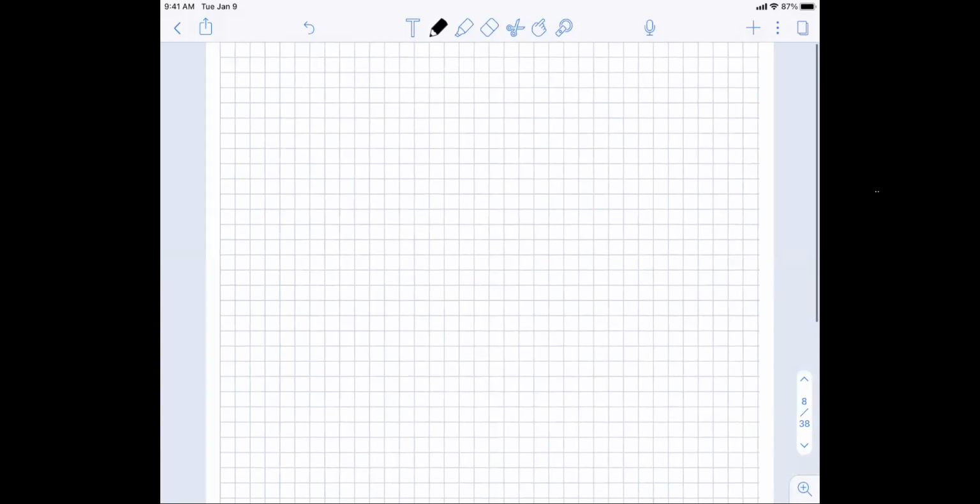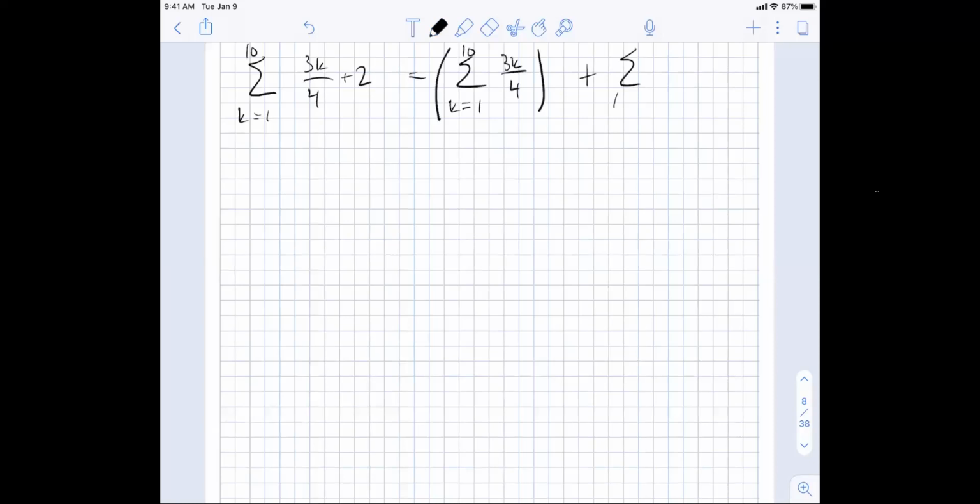When we evaluate this, we get the sum, k equals 1 to 10 of 3 times k over 4 plus 2. Well, let me break this apart in 2 steps. This is the sum of 3k over 4 plus the sum, k equals 1 to 10 of 2, right?